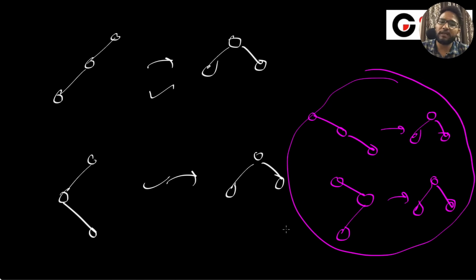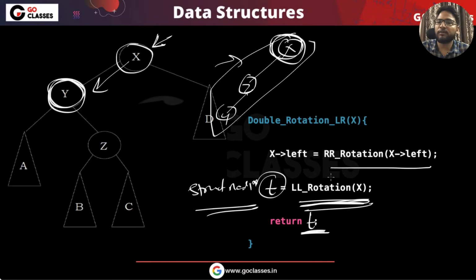In the GATE exam, they will not ask you to write the code or anything. This is just to make you understand the things very deeply. We have covered AVL insertion in very much depth, and we will also be covering AVL deletion in depth. Every topic we are covering in depth does not mean that in the GATE exam they will ask you to write the code. They will just ask you to analyze things, like what does this mean, what does that mean.